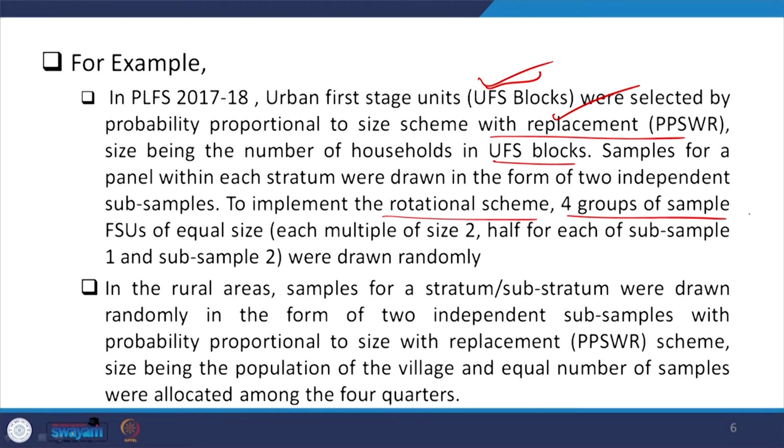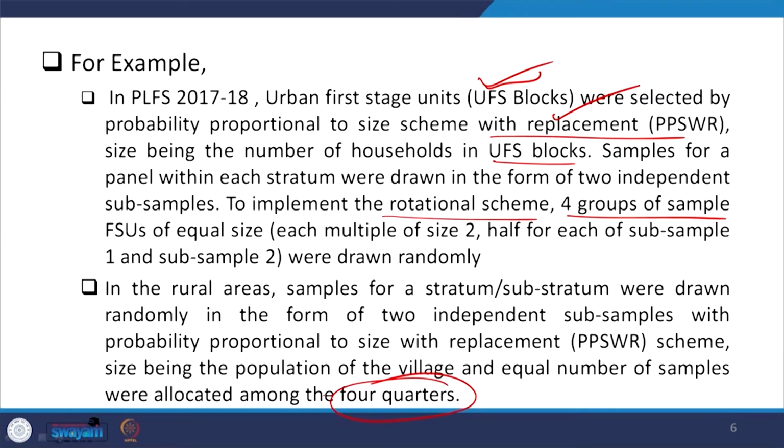Similarly, in the case of rural areas, subsamples are also defined, and again they followed the probability proportional to size with replacement scheme, with size being the population of the village, and an equal number of samples were allocated among the 4 quarters. Why are 4 quarters mentioned?